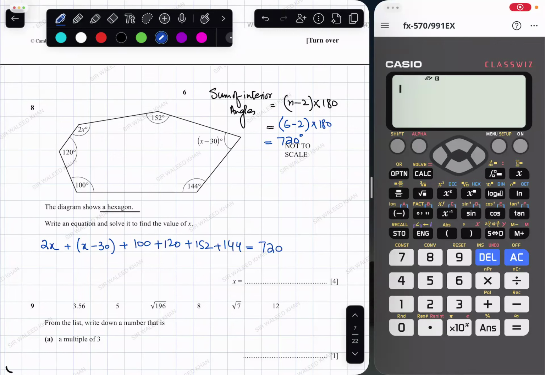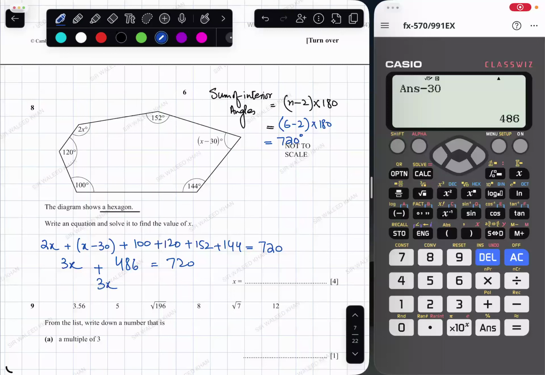Adding this, we have 3x plus 144 plus 152 plus 120 plus 100, and subtract 30 from that. We have 486, right? 486, equals 720.